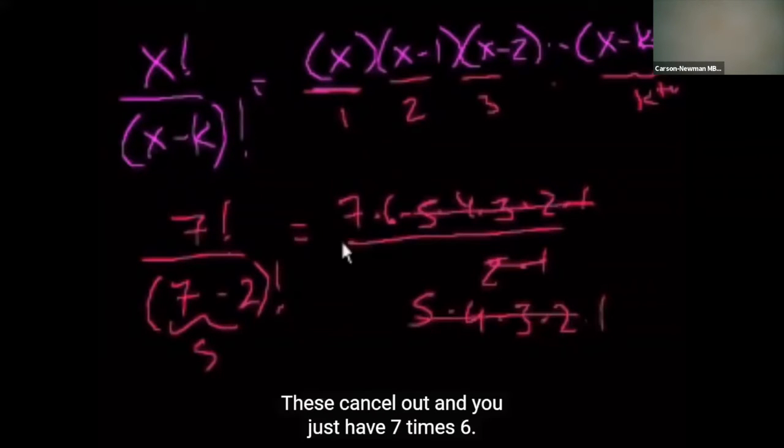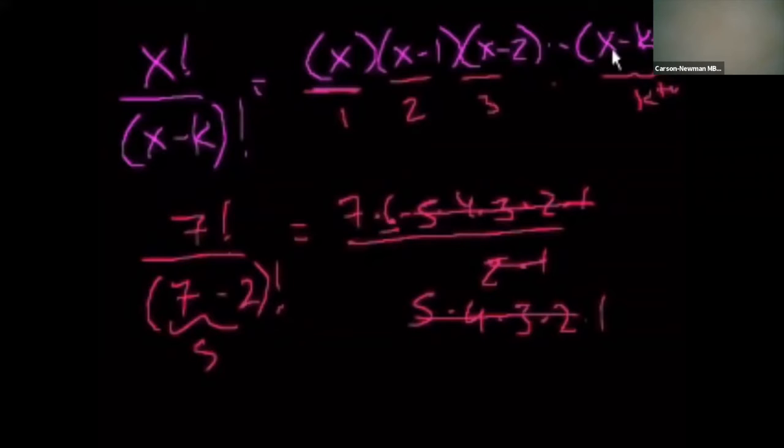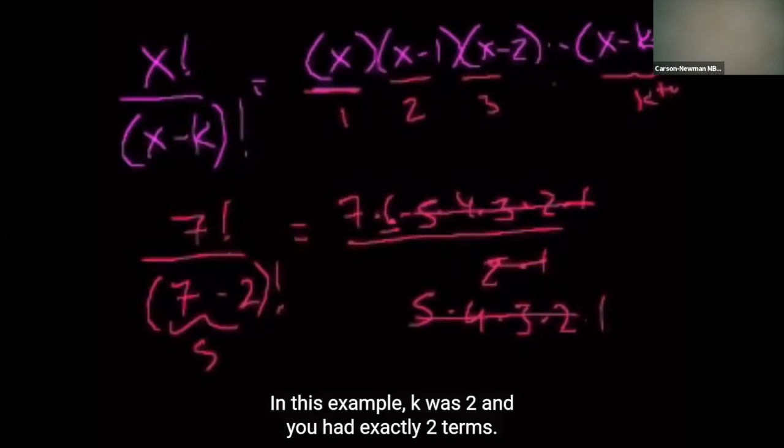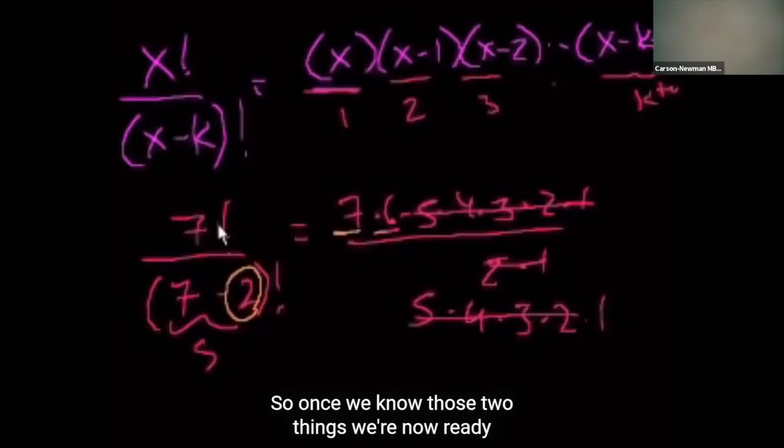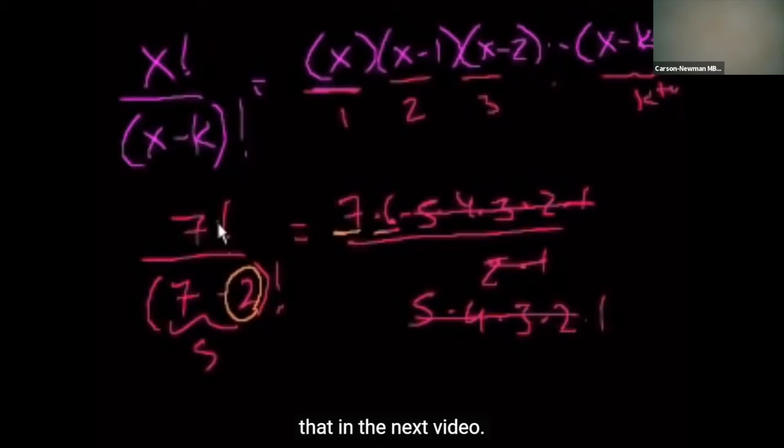These cancel out. You just have 7 times 6. The last term is 7 minus 2 plus 1, which is 6. In this example, k was 2, and you had exactly 2 terms. So once we know those two things, we're ready to derive the Poisson distribution, and I'll do that in the next video. See you soon.